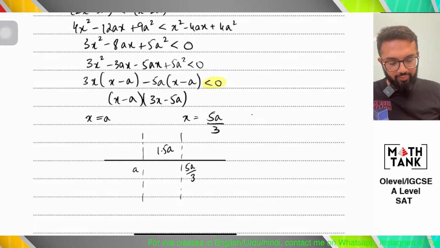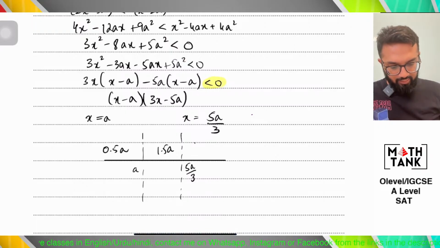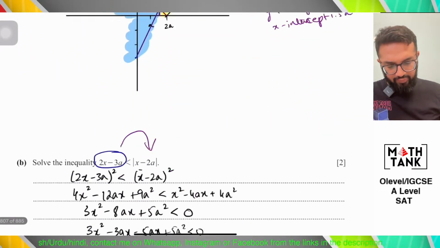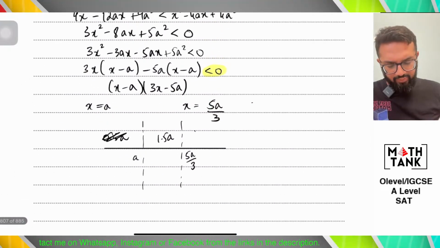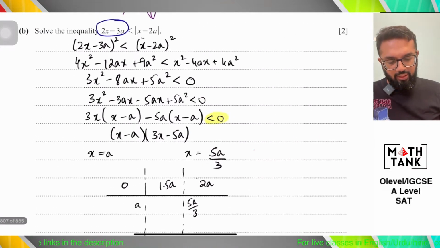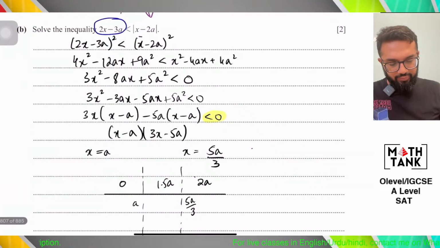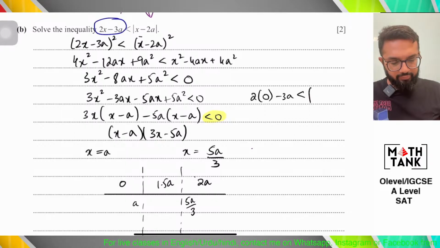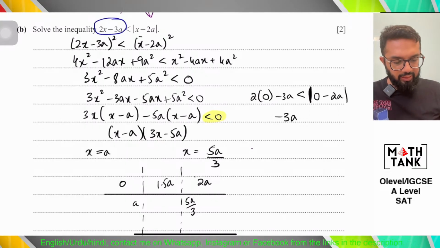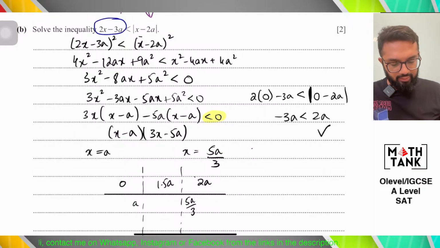I'll pick up a value in all of these areas. This is 0.5a, and a is a positive constant. So I could take 0 here, and let's say take 2a here. I have to verify each of these numbers. Let's first verify 0. So minus 3a is less than 2a. Yeah, that area is valid.